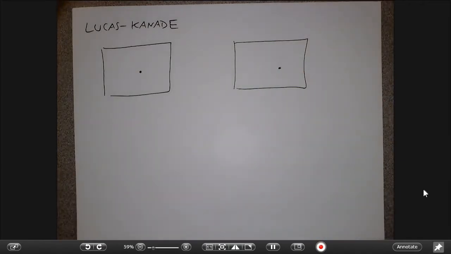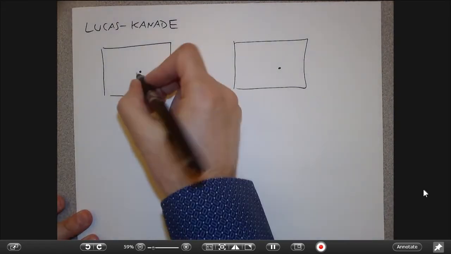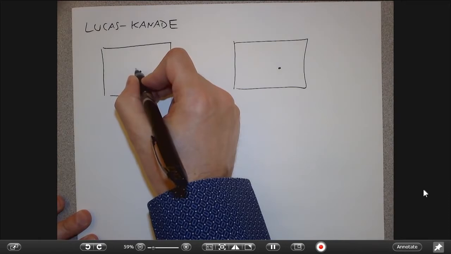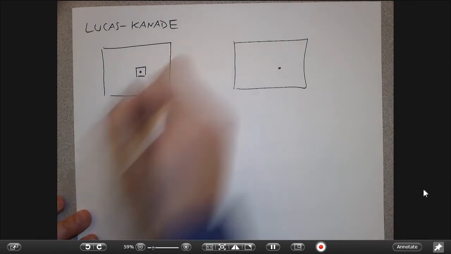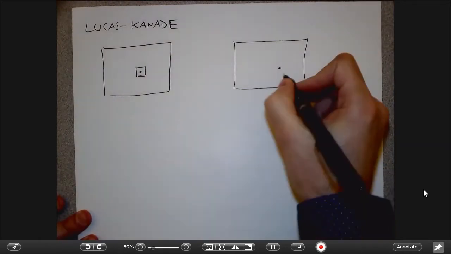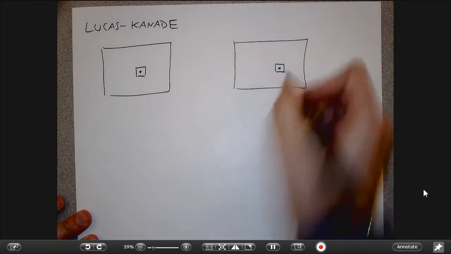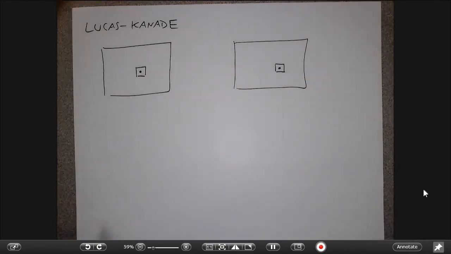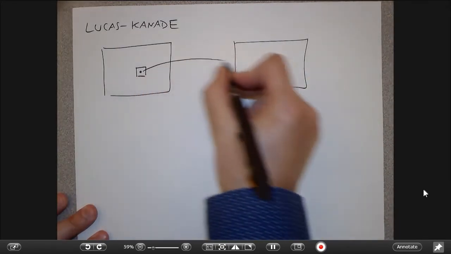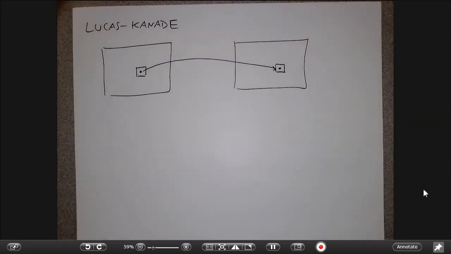One thing about the Horn-Schunck method is it wasn't really clear how nearby pixels were related to each other, except via the smoothness term. Another thing that I could do, which makes a lot of sense in the context of feature matching, would be to say, okay, I'm going to draw a small box around each point, and I'm going to try and find the best small box over here, right? So it's like saying I want to move this whole box of pixels from there to there, okay?